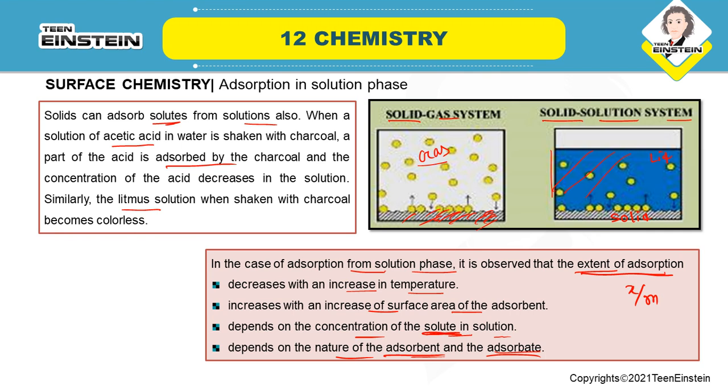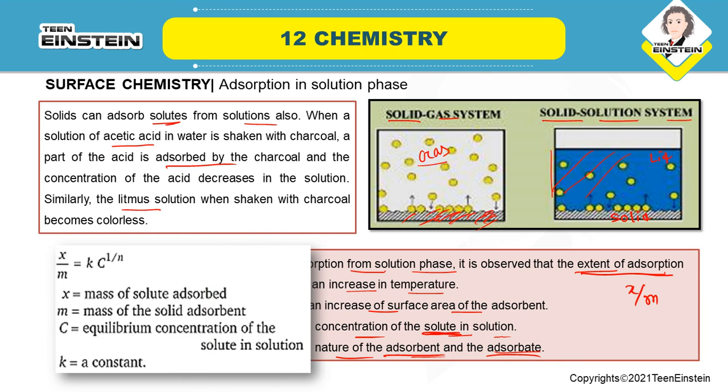In this case, the equation that is followed has some similarity with the Freundlich adsorption isotherm that we have already seen in the case of solid gas system. It is the same type of equation. In the previous case, solid gas system, it was P to the power 1 by n. But now instead of P we have C, because it is a solid solution system, so it must be concentration.